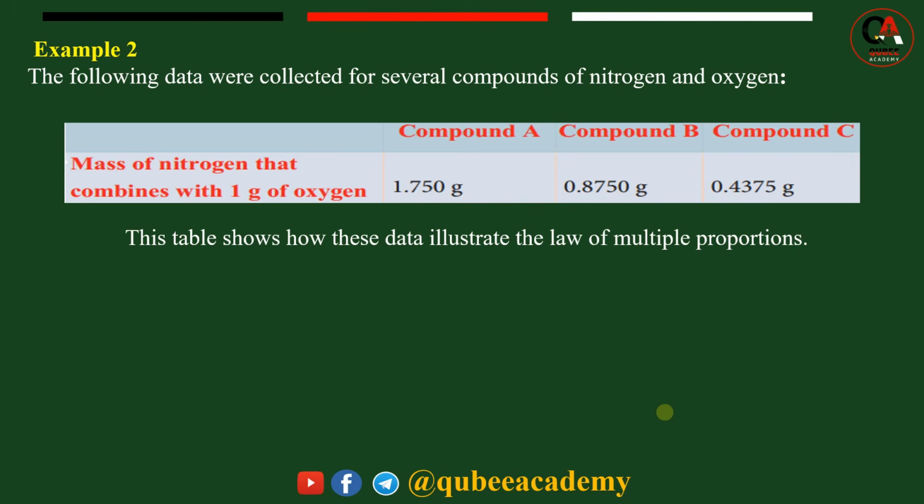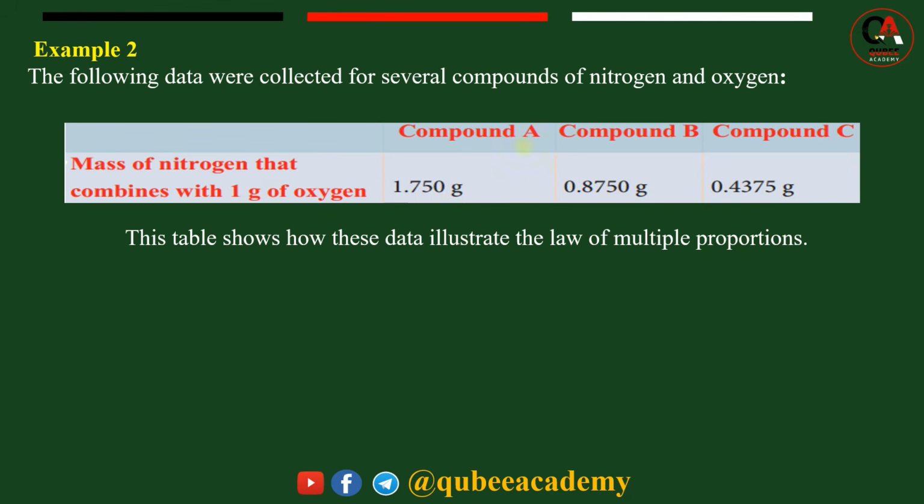Another example. The following data were collected for several compounds of nitrogen and oxygen: the mass of nitrogen that combines with 1 gram of oxygen in compound A. In compound A, 1.750 grams of nitrogen reacted with 1 gram of oxygen.